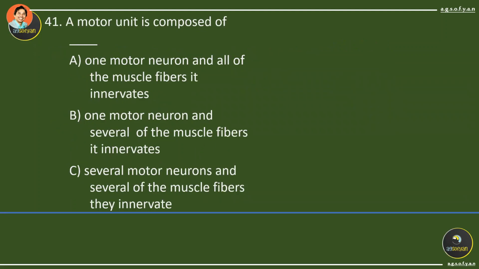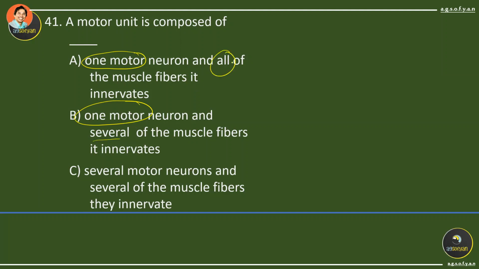A motor unit is composed of A, B, C. Okay, remember, composed of only one motor neuron. Now it innervates several or all the muscle fibers that this motor neuron innervates. It should be all. Okay? It's not only several.